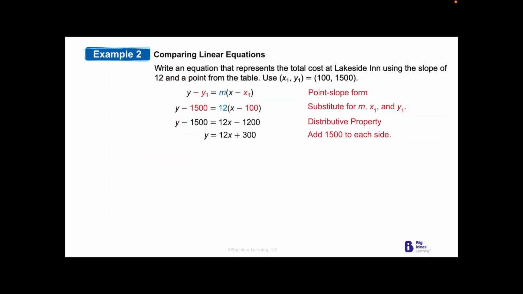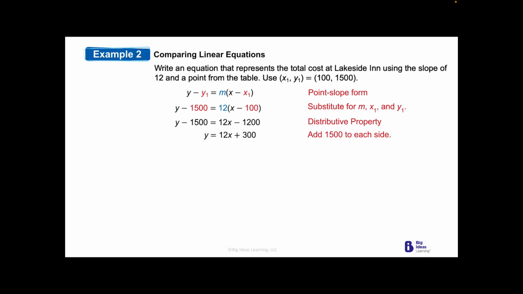So I love whenever I get the same thing as the book, just doing it a different way. So with this, they use point slope form, which is completely fine. They have the slope, they have a point, they plug it in and then solve. Keep in mind it's y minus 1,500 equals 12, which is still the slope, times x minus 100.